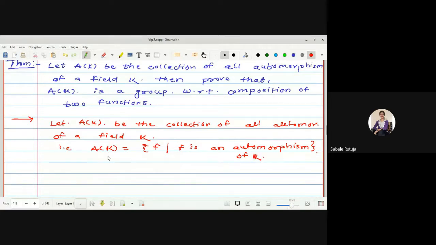Now we have to prove that this set with operation composition of two functions forms a group.